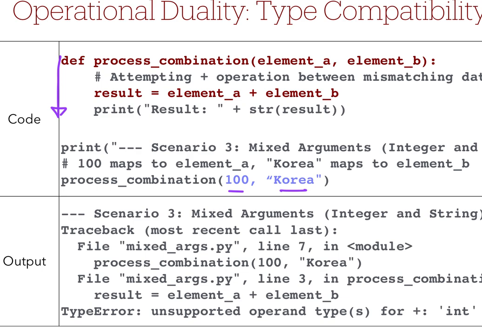So if one parameter receives 100, the numeric integer, and the other parameter receives a text string, then we have a problem when those two are added, because such addition is not defined. Okay? So in that case, you will see an error message like this.